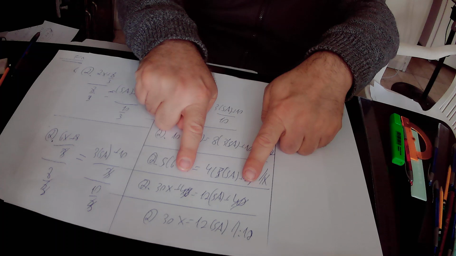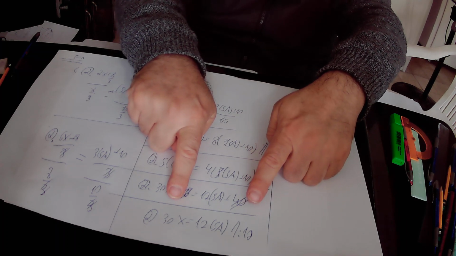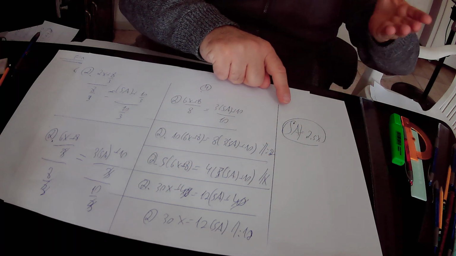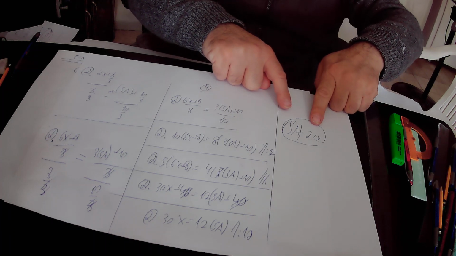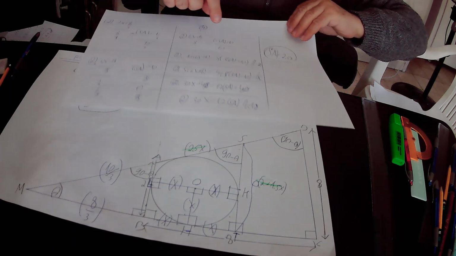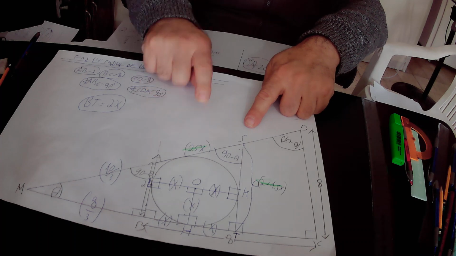After we cancel 40, we are left only with 30x, that equals 12SA. Here we divided this equation by 12, and finally found out that SA equals 30x over 12, that is 2.5x. So the length of line segment SA is 2.5x. Here SA equals 2.5x in its length.